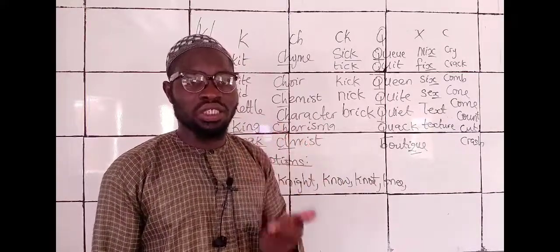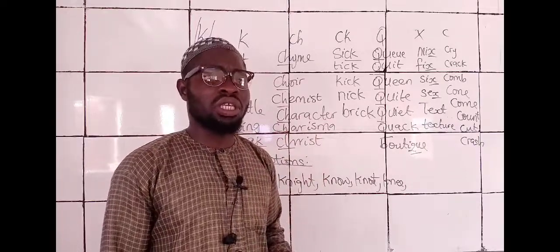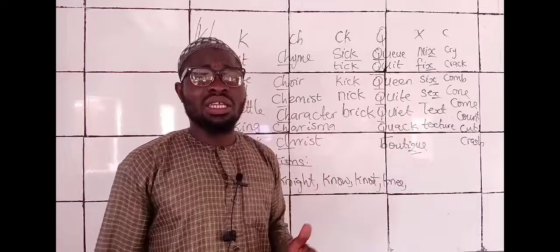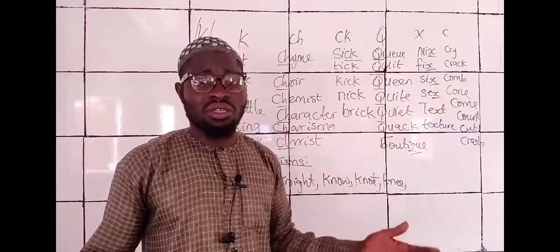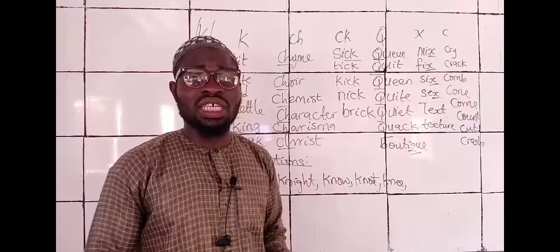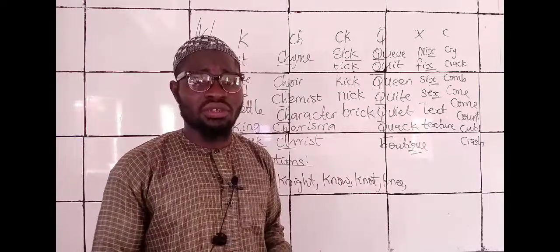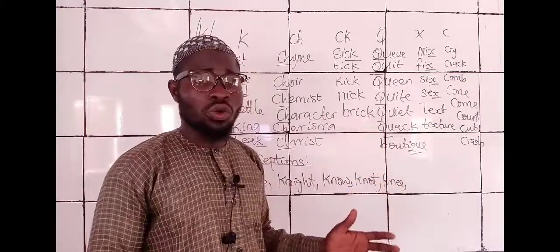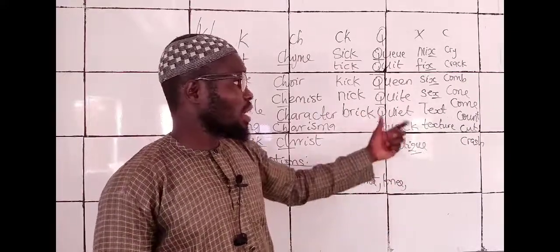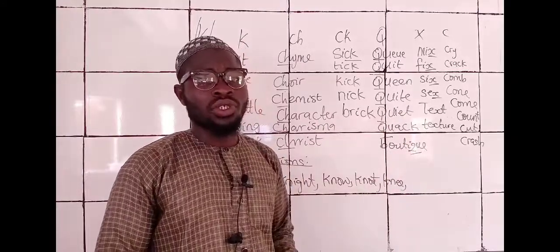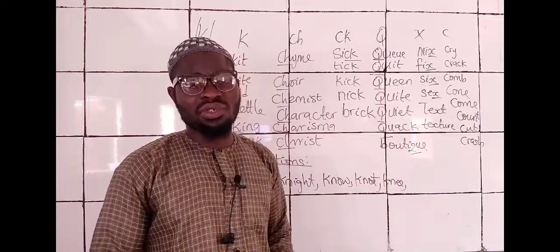Then the last of these representations is letter C. Letter C can be realized in other ways, but in this discourse, it is to be realized as k. So we have cry, then we have crack, comb, cone, come, count, cut, and crash.